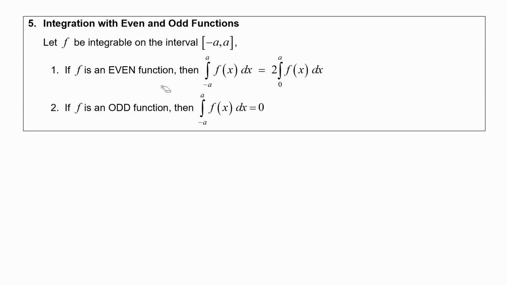Now remember what it means to be an even function. The test is you look at f of -x, and if f of -x is the same as f of x, then you know that you have an even function. And that means it's going to be symmetric to the y-axis.